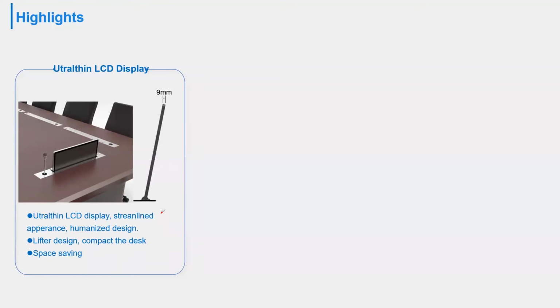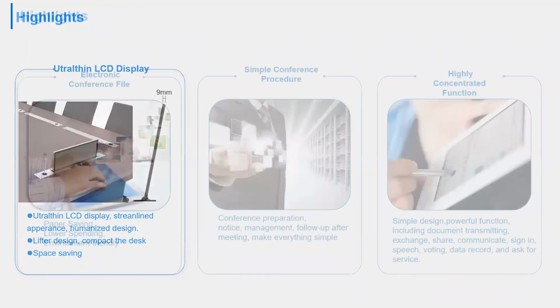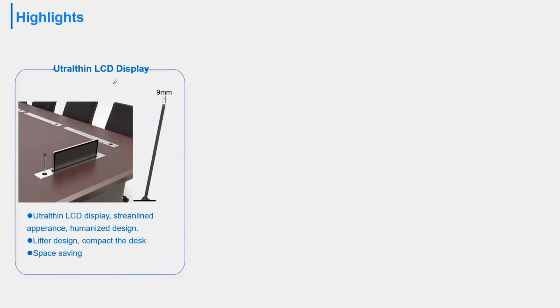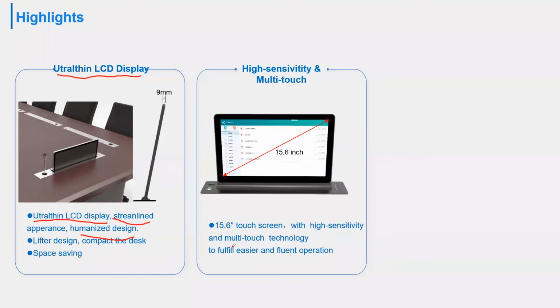About the screen, the touch screen of the paperless terminal is an ultra-thin LCD display with a touchable screen. It has a streamlined appearance and humanized design with a lifter, which means it will be space saving, and a large multi-touch screen.